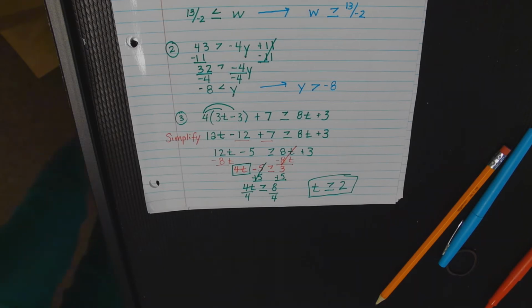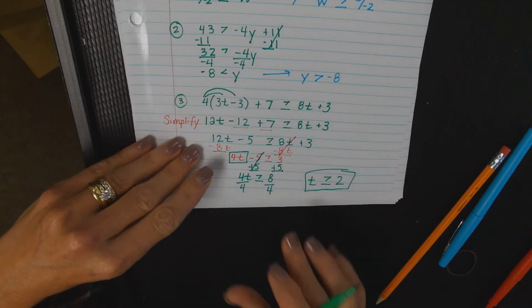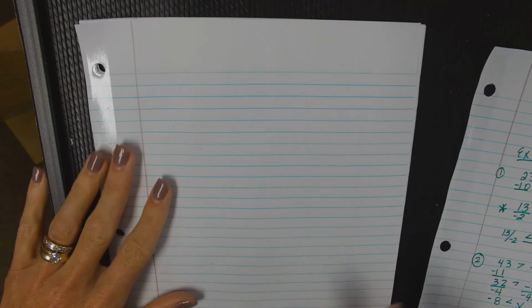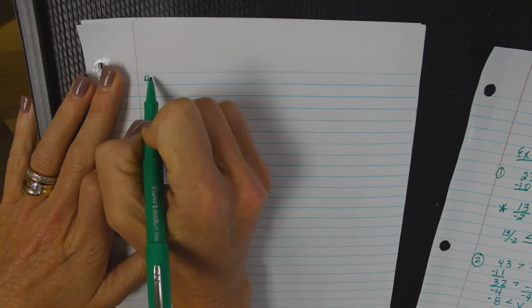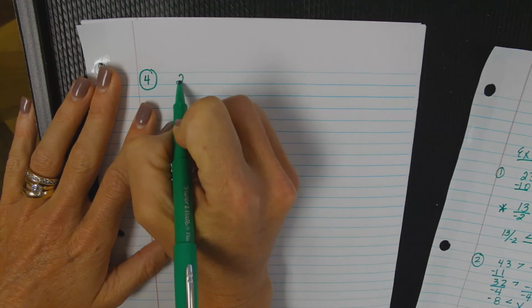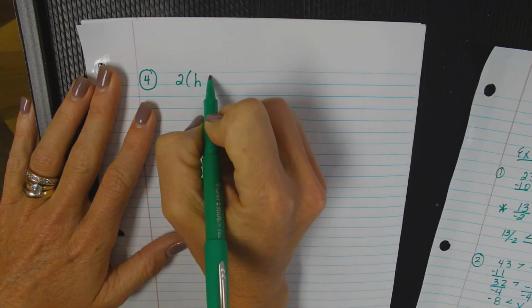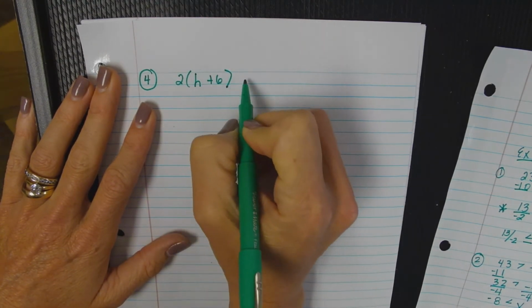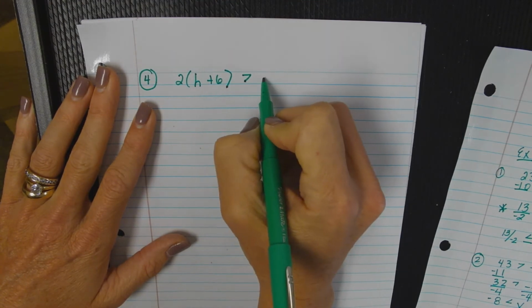Let's do another one. Okay, you're gonna do this one by yourself. Number 4. 2 parentheses h plus 6 close parentheses greater than -3.